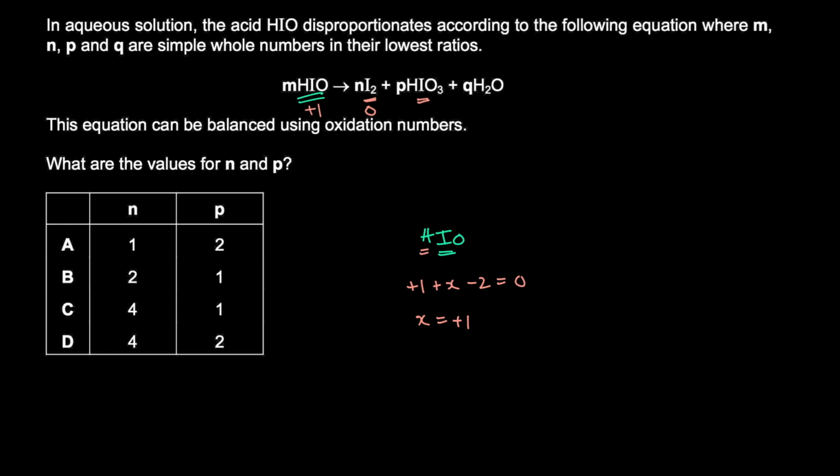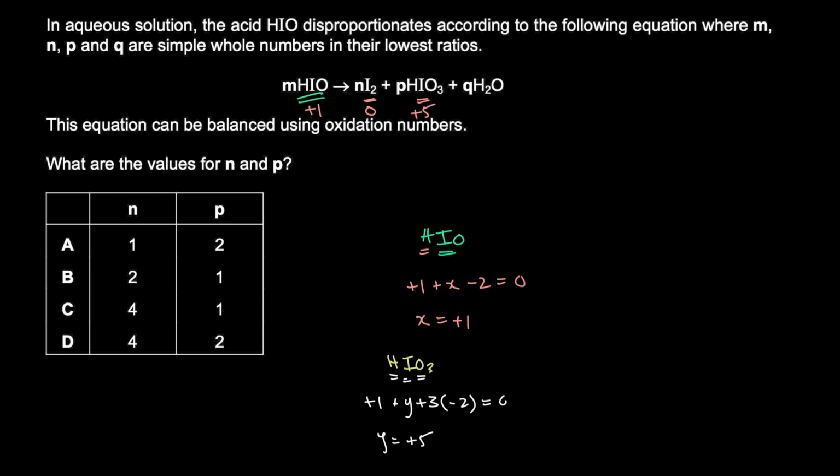And then in HIO3, the oxidation number of iodine is plus 5. We can find that hydrogen is plus 1. Let's say iodine is Y. We have 3 oxygens, which are minus 2 each. Overall is 0. Y comes out to plus 5. So the oxidation number of iodine in HIO3 is plus 5.